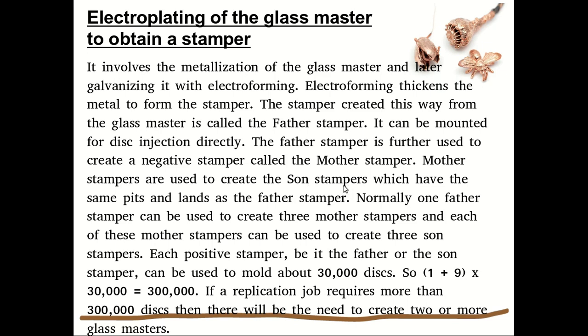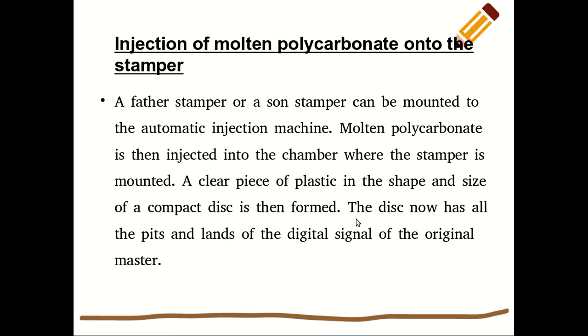Son stampers. The son stampers and father stampers are, we can say, these are the one and the same thing as far as its structure and data is concerned. Now, either father stamper or son stamper is used for next processing. From a son stamper or a father stamper, many CDs will be created.